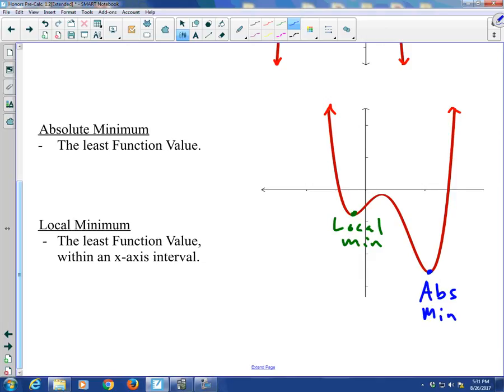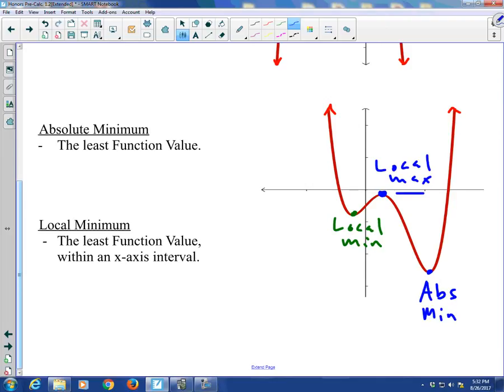In general, graphically, maxes and mins are really easy, because really we're saying maxes are the peaks of the function and mins are sort of the valleys. So if we're looking at this graph to our right, I can say that between this local min and this absolute min, I actually have a local max. Now in general here, I couldn't say that I have an absolute max because the function values go up to positive infinity.